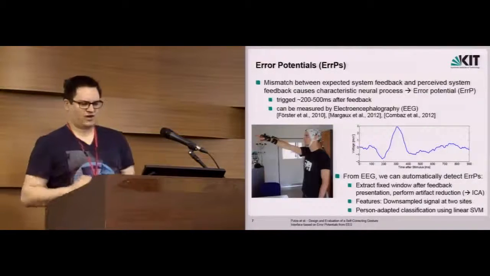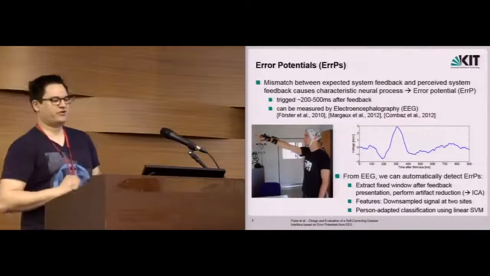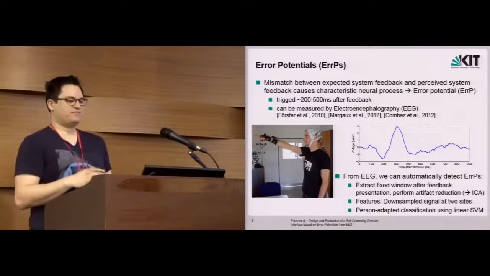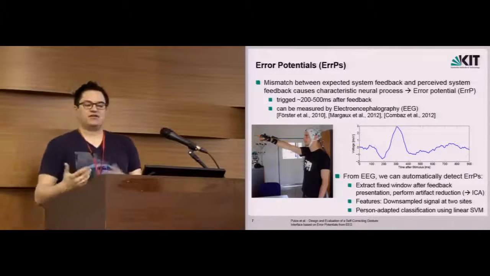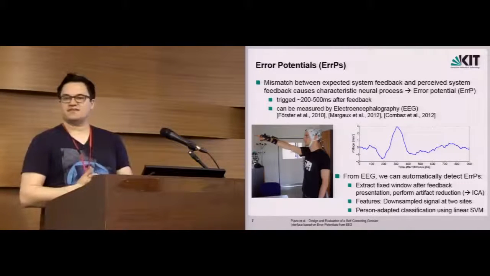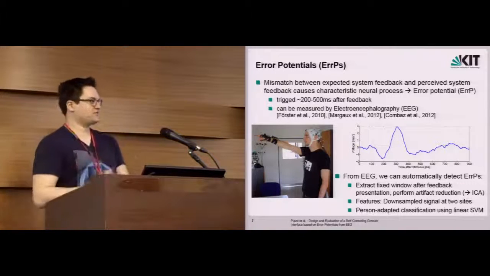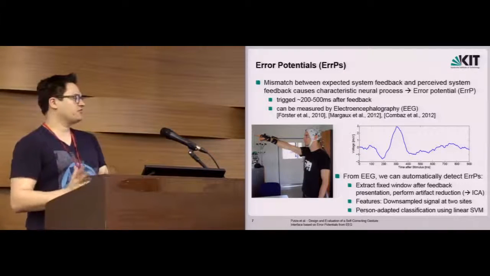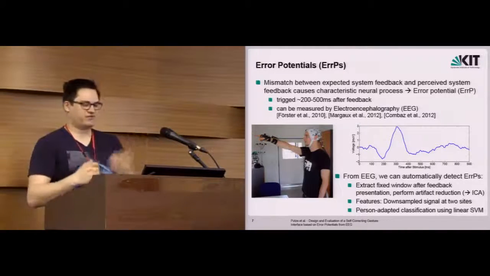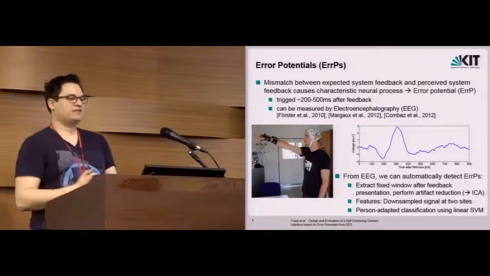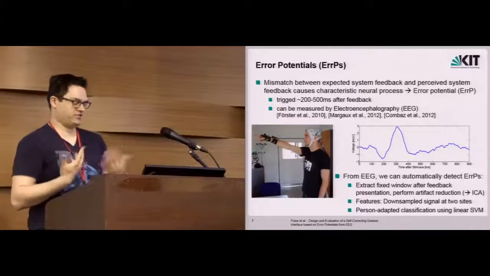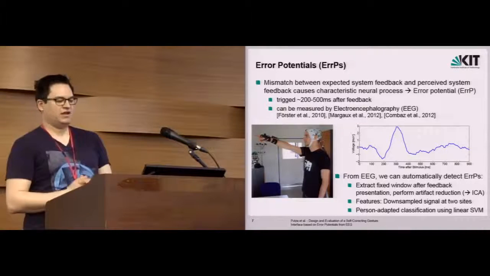So how does this error detection from EEG work? We exploit the fact that the mismatch between expected system feedback and perceived system feedback causes characteristic neural processes in the user's brain. These processes are called error potentials. They are typically triggered 200 to 500 milliseconds after the feedback presentation, and it's well known that they can be measured using electroencephalography, so EEG electrodes.